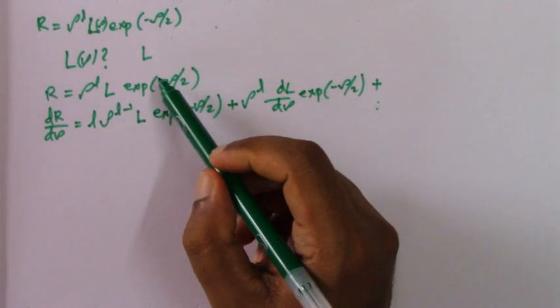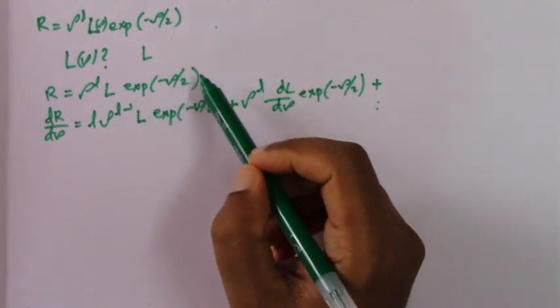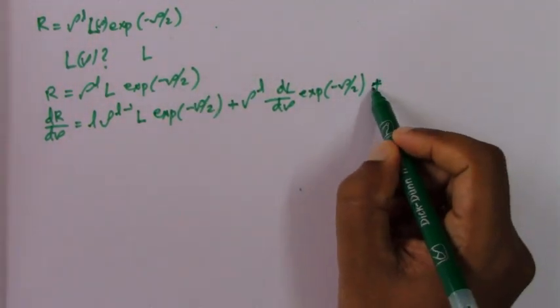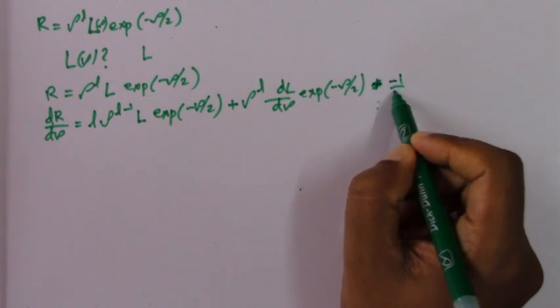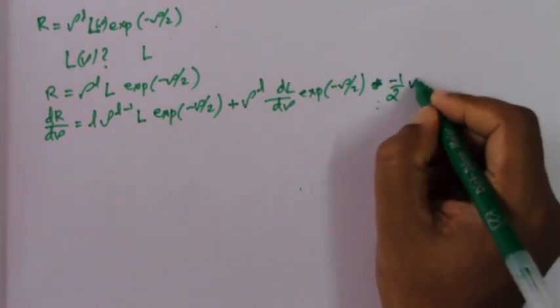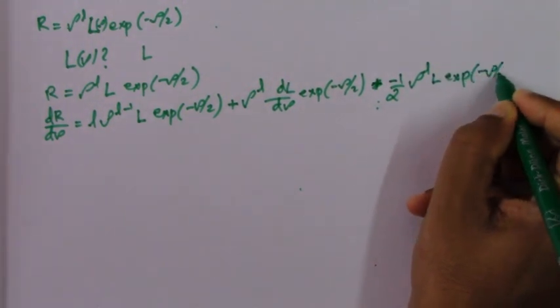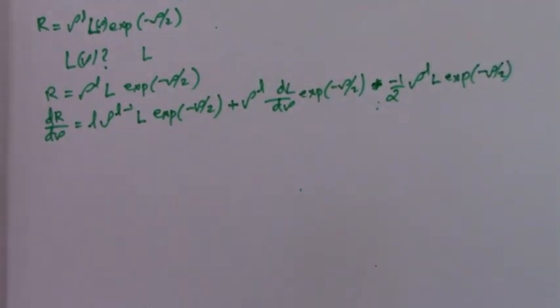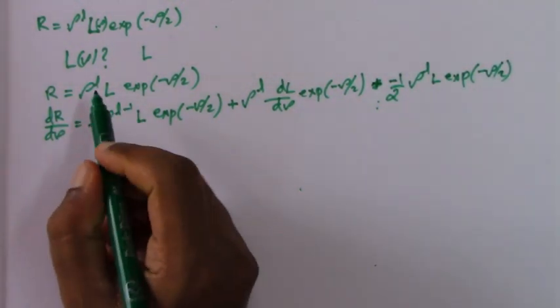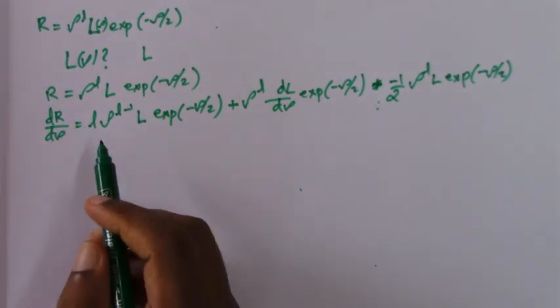The differential of the third is exponential minus rho by 2 into minus 1 by 2. So there is a minus 1 by 2 term here that I will write itself: minus 1 by 2 rho raised to L exponential minus rho by 2. That is dR by d rho.